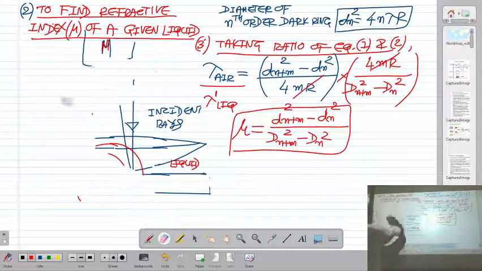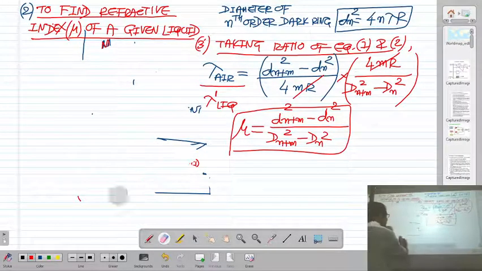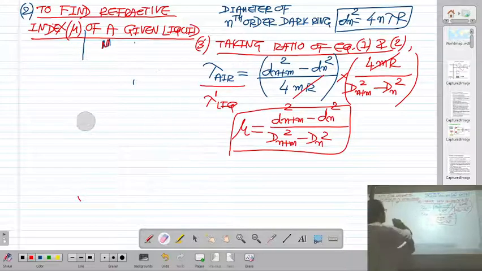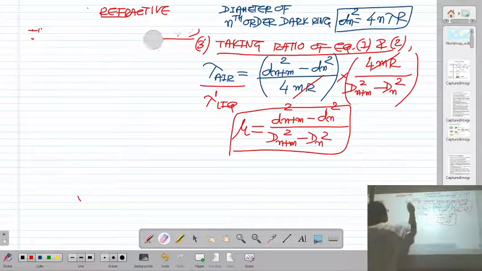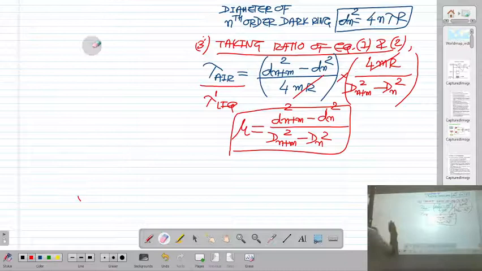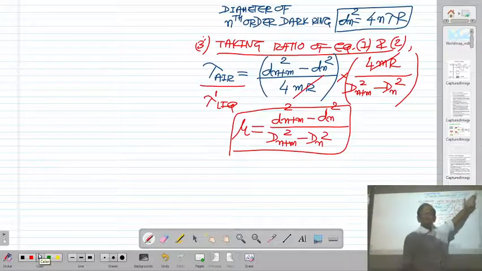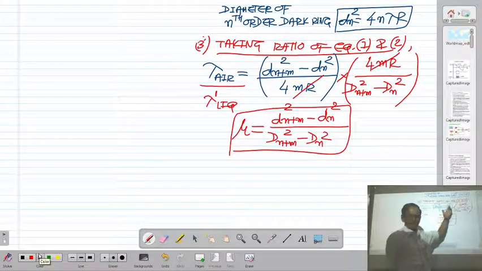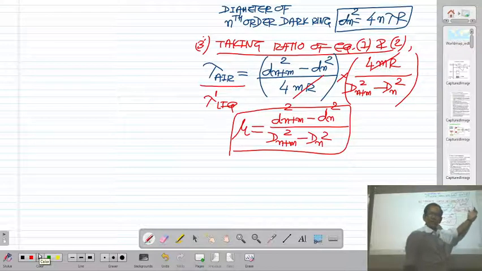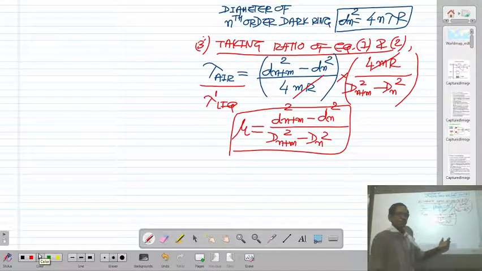So there are two applications we already discussed. One application of Newton's ring is to find the unknown wavelength of light, and the second application of Newton's ring is to find the refractive index of a given liquid.